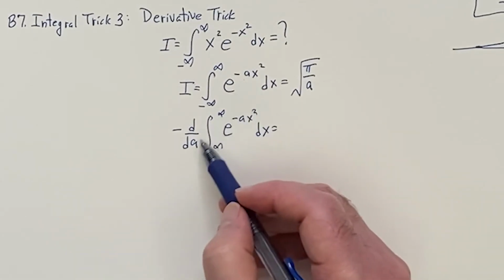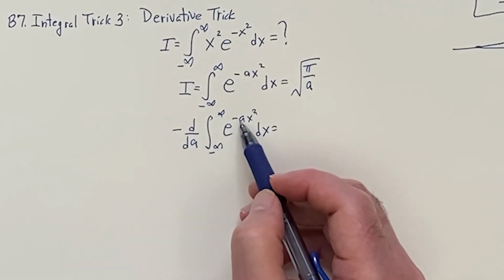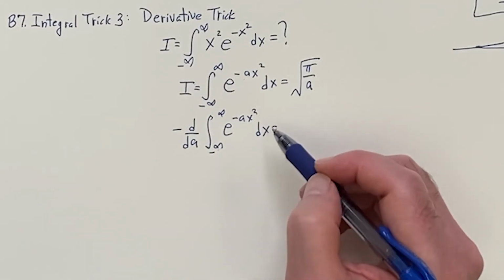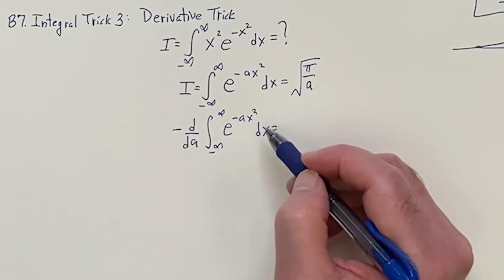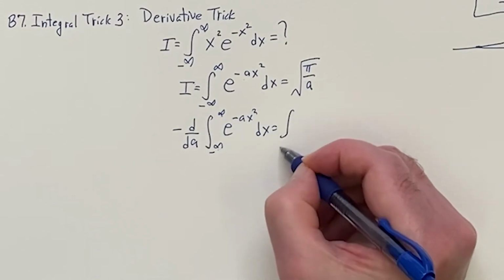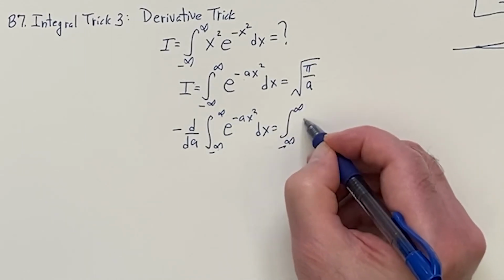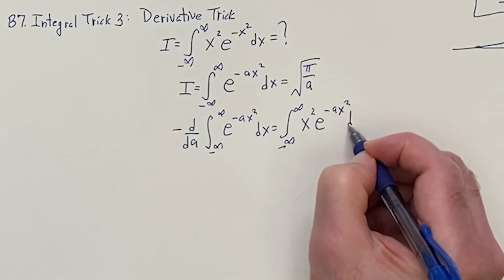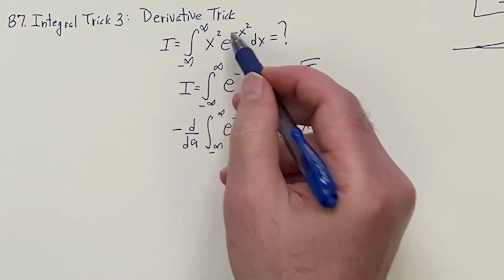So if I take the derivative with respect to a, what I'll do with the minus sign, I'll pull down an x squared. So this will give me, from minus infinity to plus infinity, x squared e to the minus ax squared dx. Now I can let a equal to 1 and go back and get that.